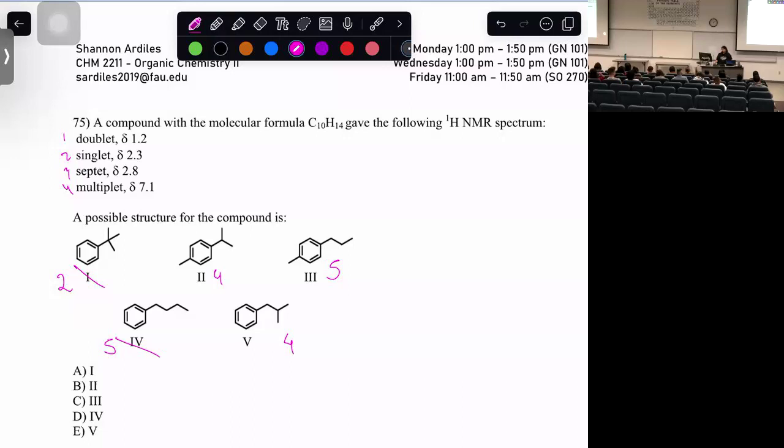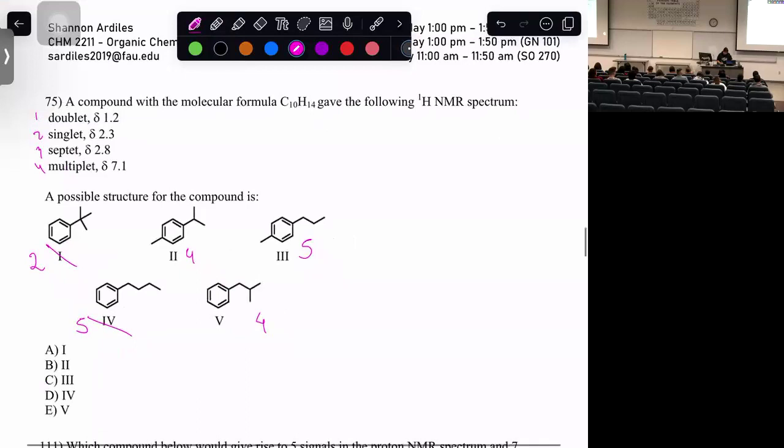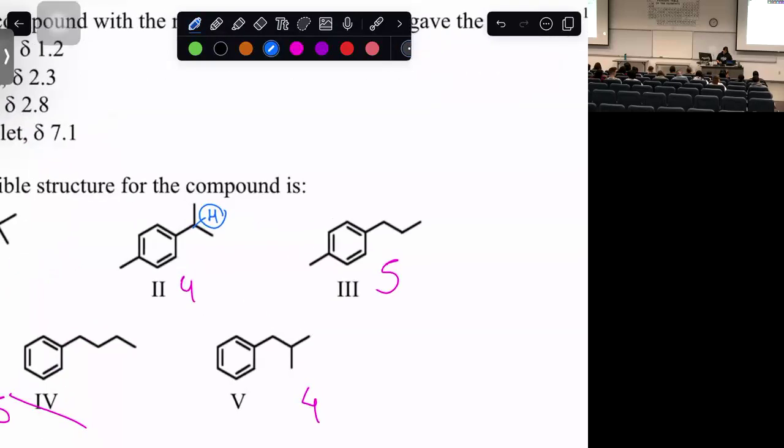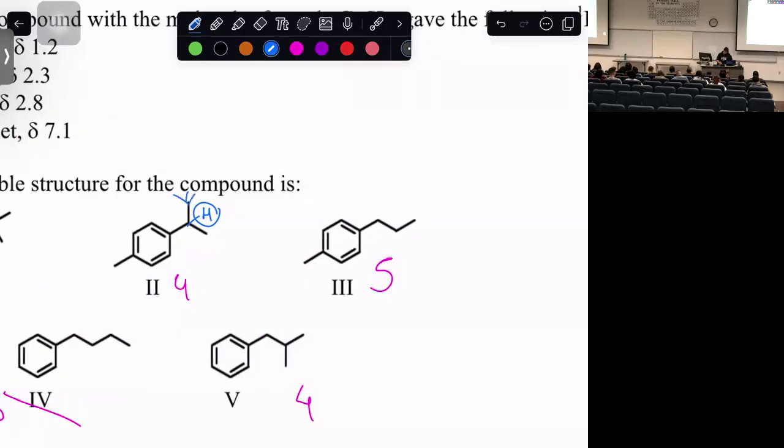Now, next thing, we said that it was the septet that we saw in here, but do they both have septets? The little baby hydrogen in here, the only neighbors that it has are the ones in the methyl groups, which is 6. That does give me a septet.